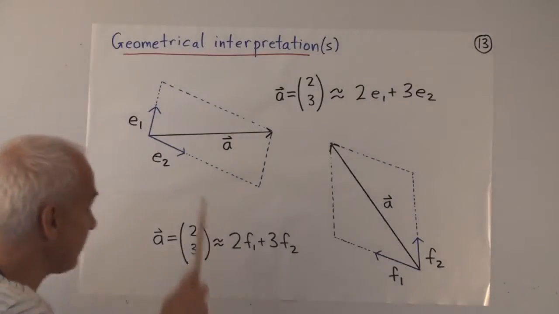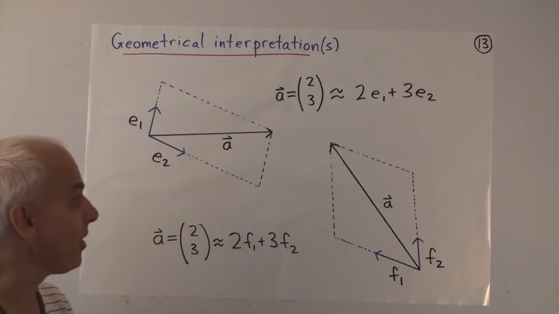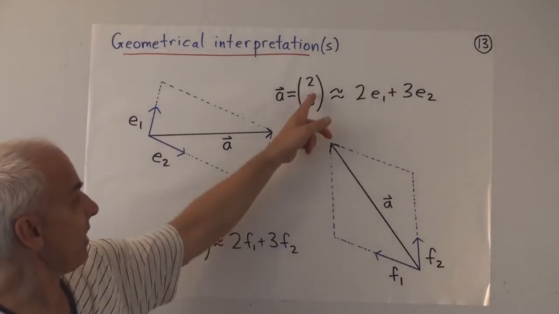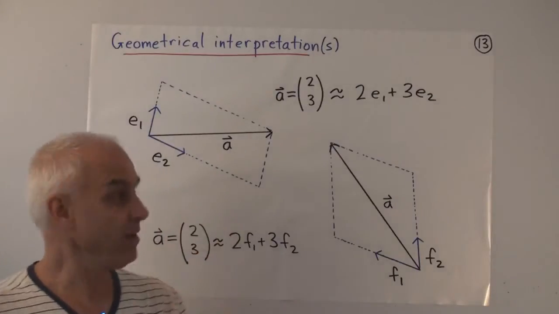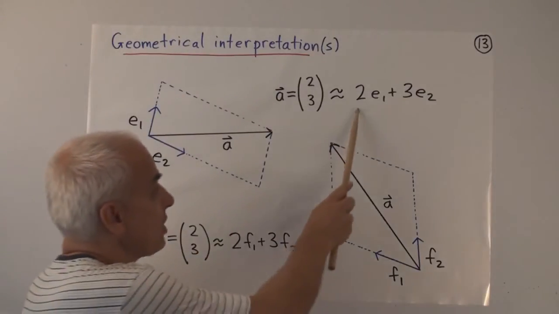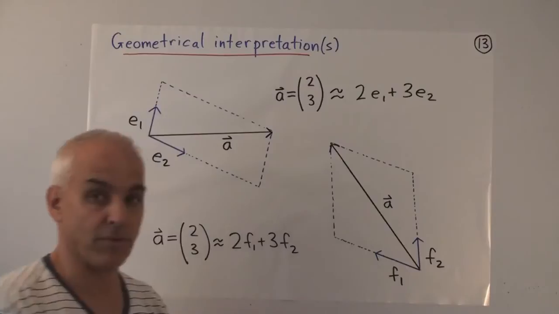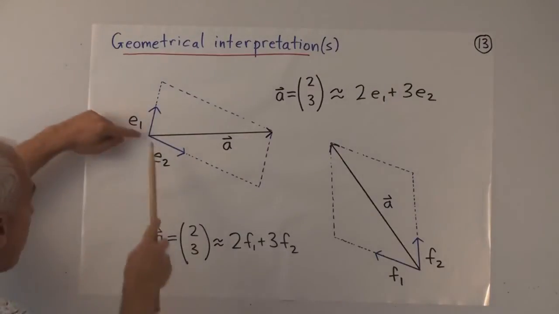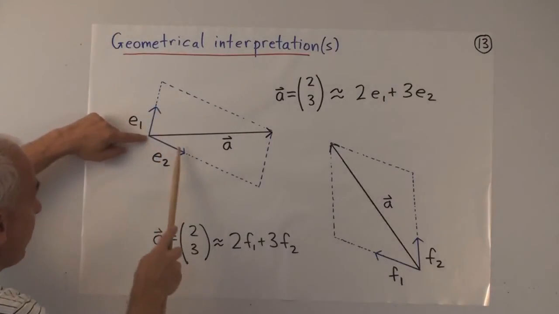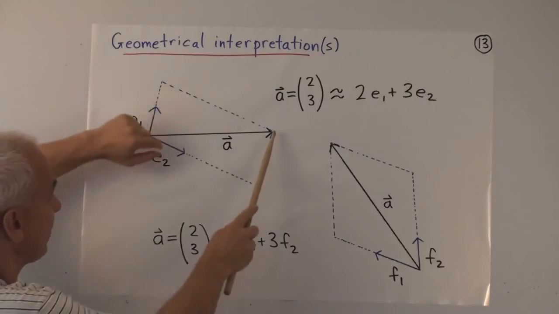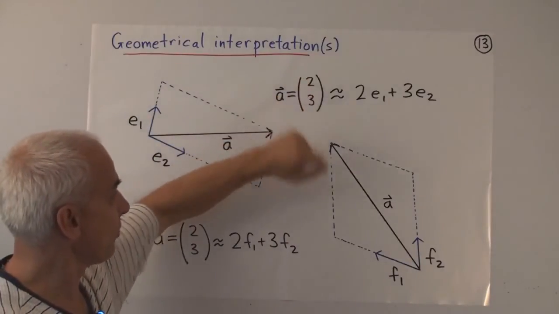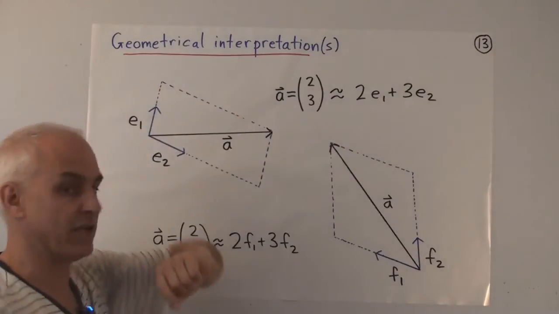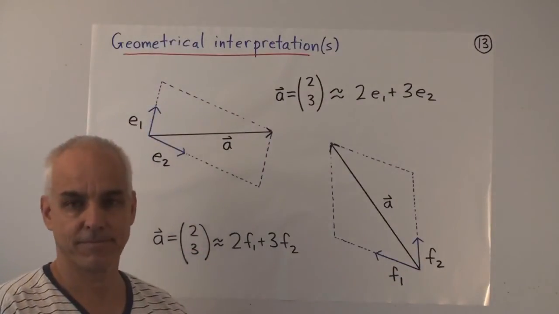So if you choose vectors e1 and e2, then you can say, aha, this column vector A, which is 2, 3, can be interpreted by me as representing 2 times e1 plus 3 times e2. And you would picture that by going 2 times e1 plus 3 times e2 and adding those two vectors, getting the vector A. So you would say, aha, this vector 2, 3 actually represents this vector in my system.